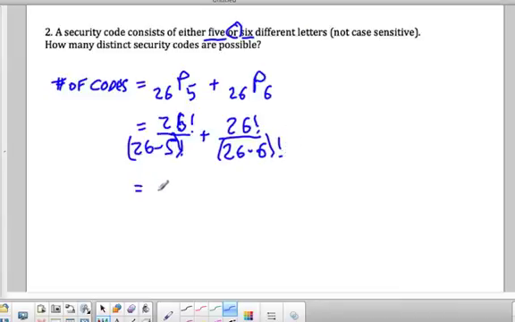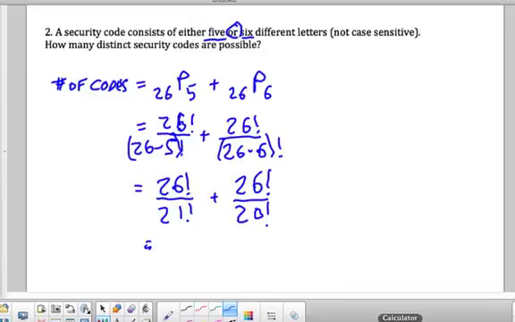And this simplifies to be 26 factorial over 21 factorial plus 26 factorial over 20 factorial.